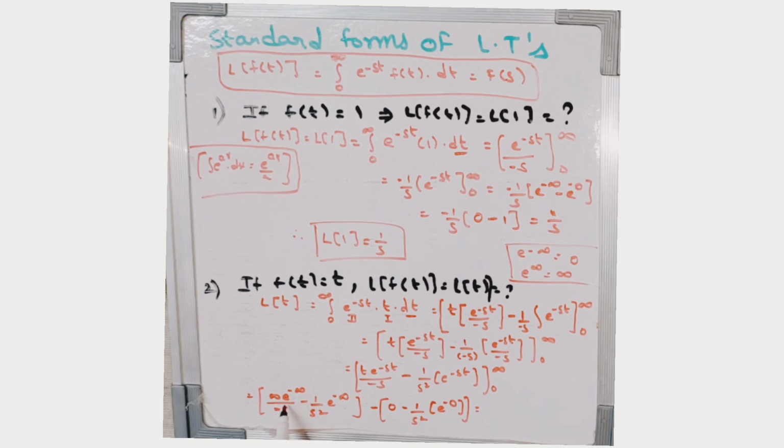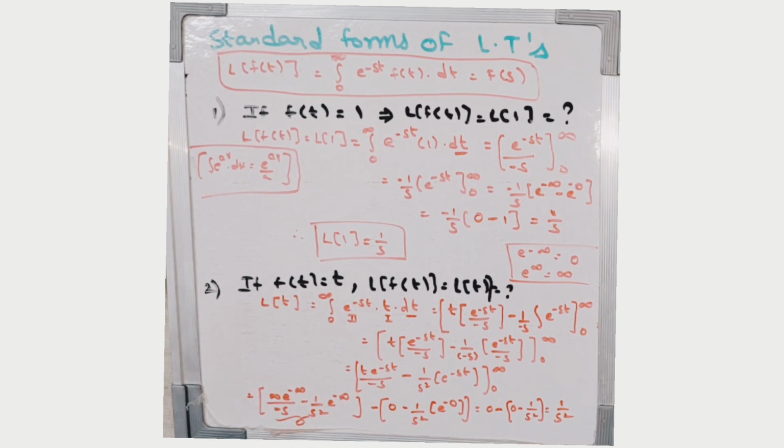So this becomes 0, minus 1 by s square into e power minus infinity, again 0. So this whole term becomes 0. 0 minus, 1 by s square into e power 0. E power minus 0 means 1, right? So 1 by s square, which is equal to 0 minus, this will become 1 by s square.